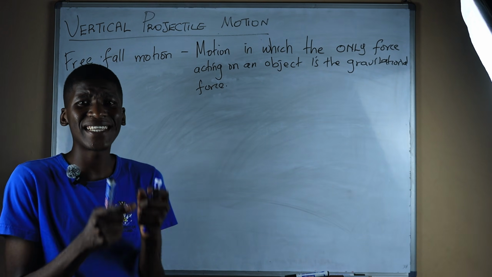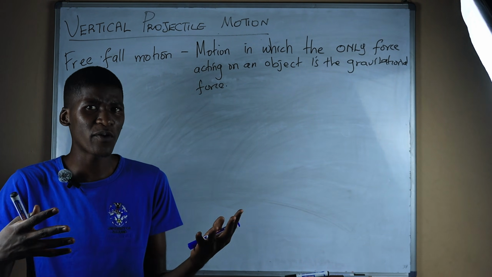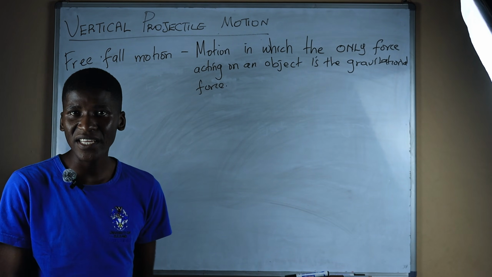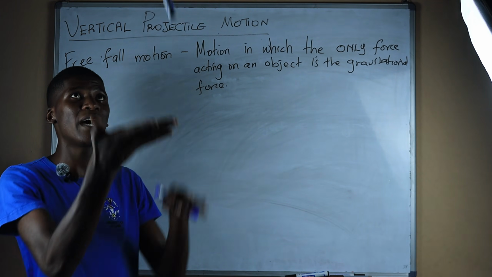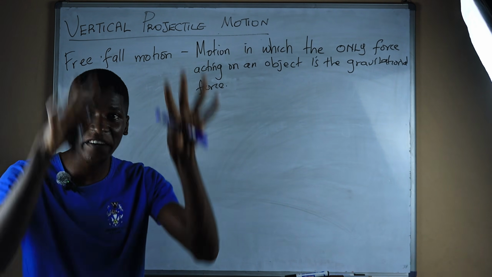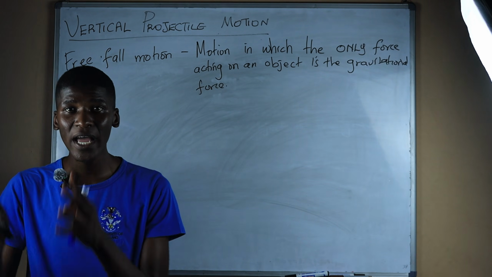This is the type of motion whereby the object is falling. That's why we call it free fall, right? The moment you throw the object up and it comes back down again, it is just falling freely because of the gravitational force. That's why we call it free fall motion.